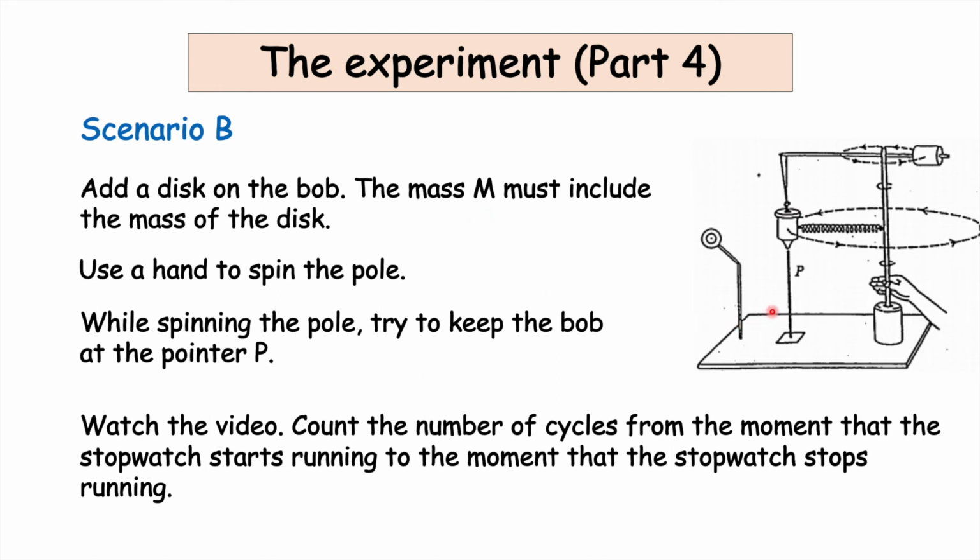Use your hand to spin the pole, and try to keep the bulb right at the pointer. Watch the video and again count the number of cycles from the moment that the stopwatch starts to the moment that it ends.